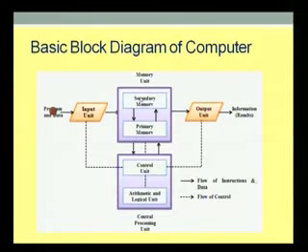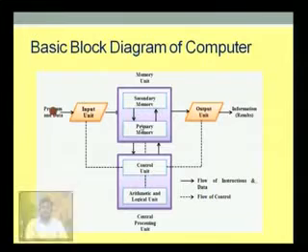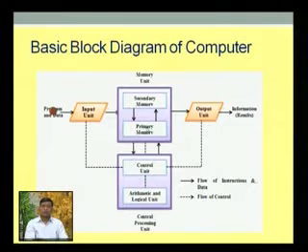Inside the memory unit, we have two kinds of memory: the primary memory and the secondary memory. The next unit is our central processing unit. Inside the central processing unit, we have a control unit and an arithmetic and logical unit. And finally, the last unit is our output unit.